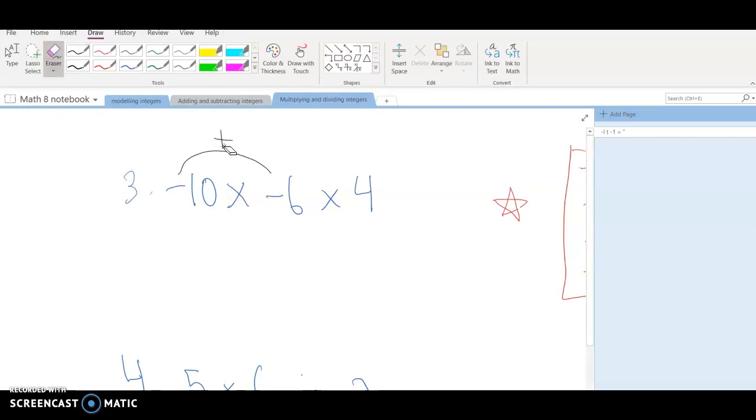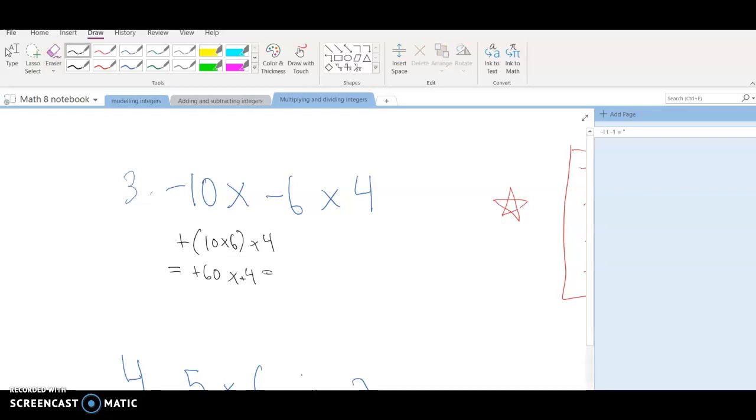So this becomes positive, whatever 10 times 6 is. And then, don't forget, multiplied by 4. So positive 10 times 6 equals positive 60 multiplied by 4. This 4 is positive, right? And a positive and positive are positive.